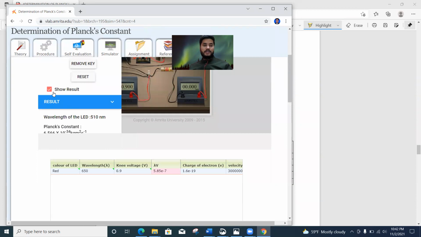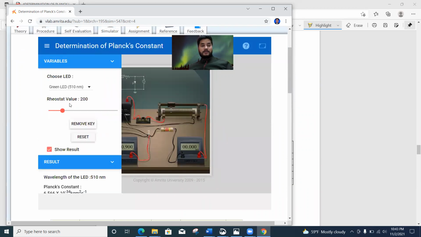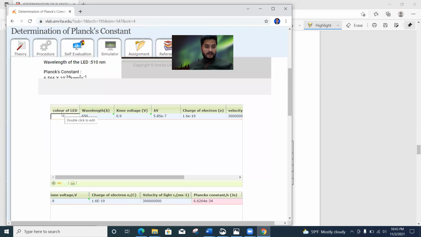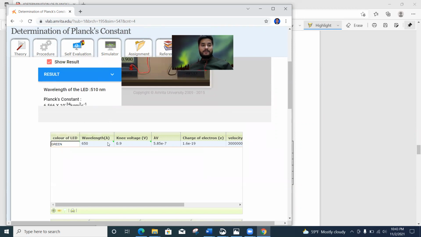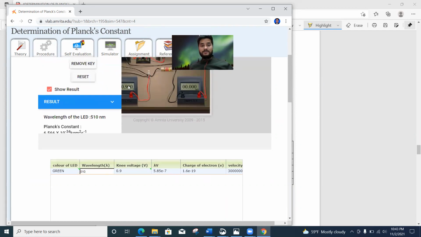If we click on show result, we get the value of Planck's constant, 6.566, which is slightly different than the previous one but relatively close to our hypothetical value. That's good for us. We also write here green, and the corresponding wavelength 510, and the knee voltage is like the previous result.